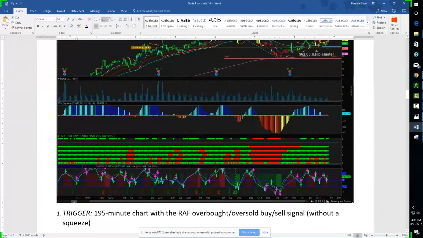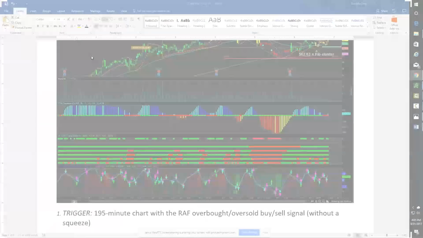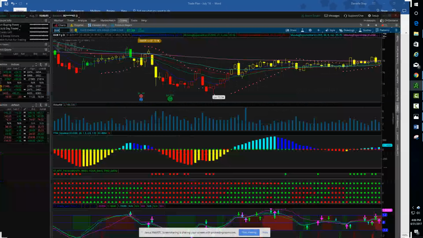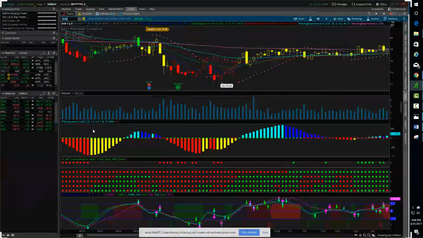And yes, Spence, the squeeze definitely does go up or down. See if I can get a good one for you. All right, so here's a bearish squeeze on here.